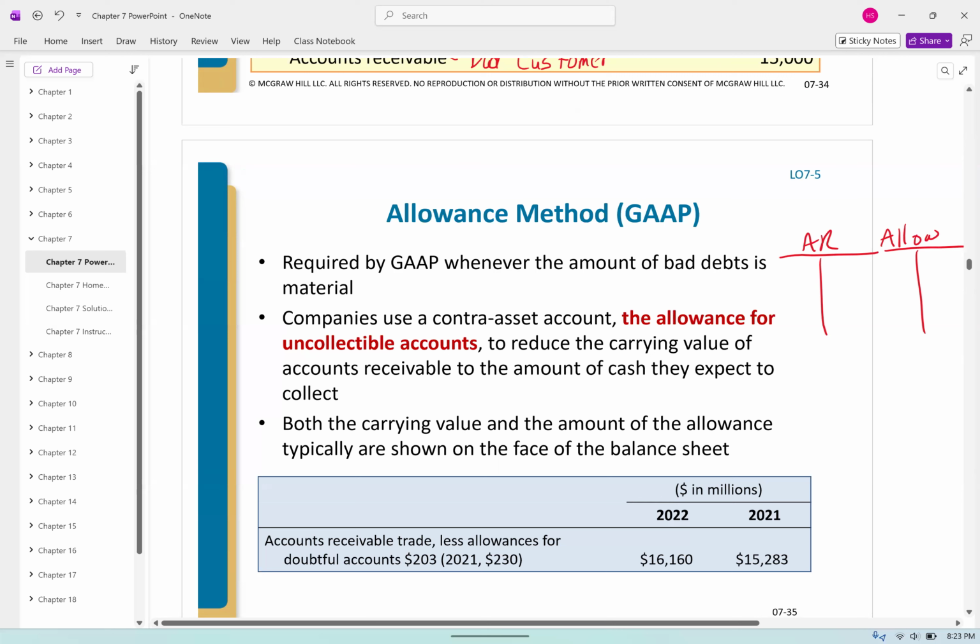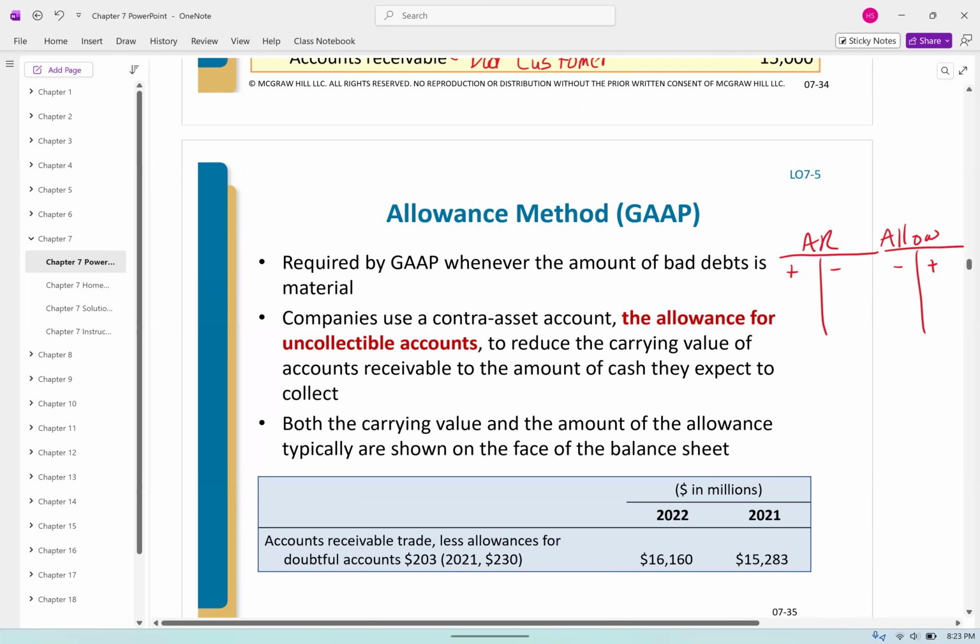So remember, your accounts receivable has a normal debit balance. The allowance for uncollectible accounts has a normal credit balance because it is that contra asset. We know that a certain percentage is going to go bad, so we're going to go ahead and expense it. We just don't know who. Because if we had a crystal ball and we knew who wasn't going to pay us, we would have never extended credit to them.